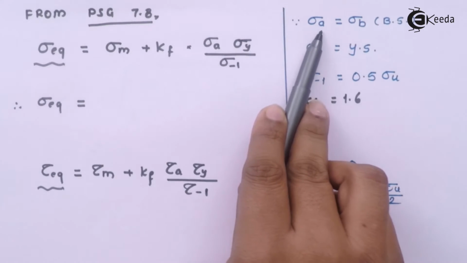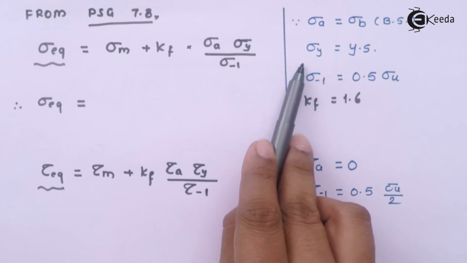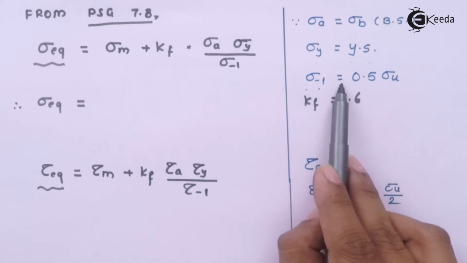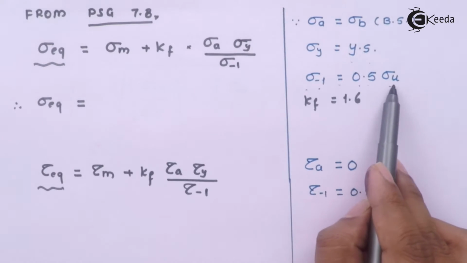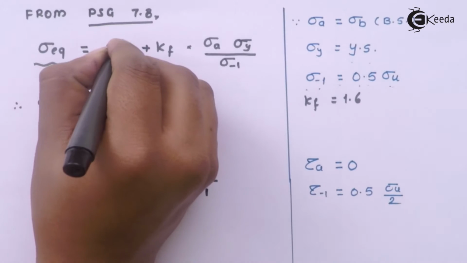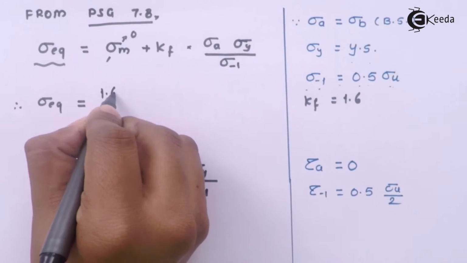We have sigma A is equal to sigma B, which is the bending stress. We have sigma Y is the yield stress, and sigma is 0.5 times sigma ultimate. If we substitute back the values, this particular mean value is already 0 in our case. Kf factor is 1.6.